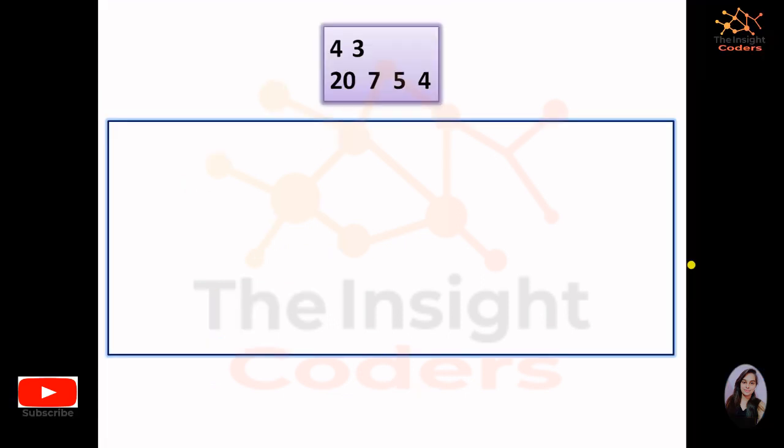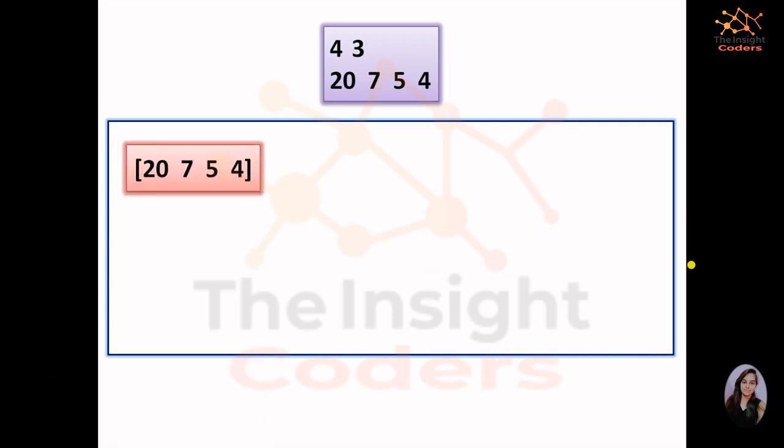Yeah, so we were given the input 4, 3: 4 was n, 3 was k, that means at most k operations, and 4 space separated values, that is 40, 27, 5 and 4. First of all, the array was this. We have to pick any one element, divide it by 2 and insert it back. But you have to remember the condition that you have to find the minimum sum.